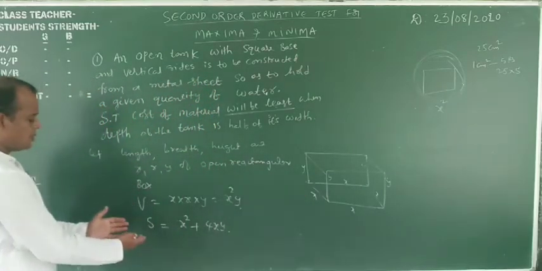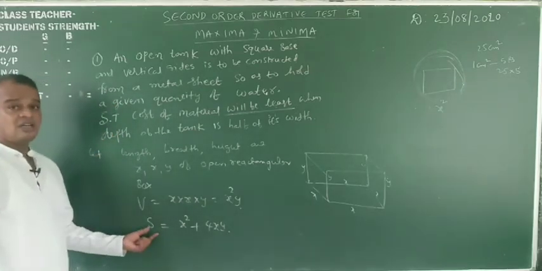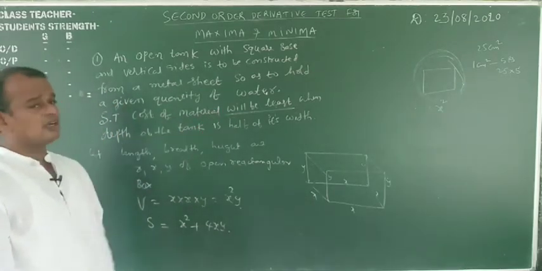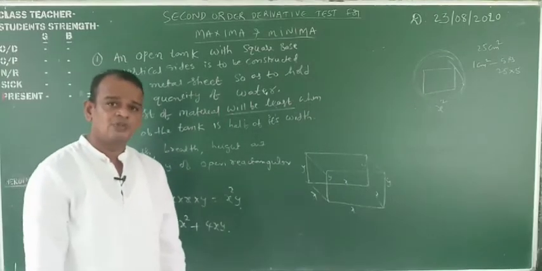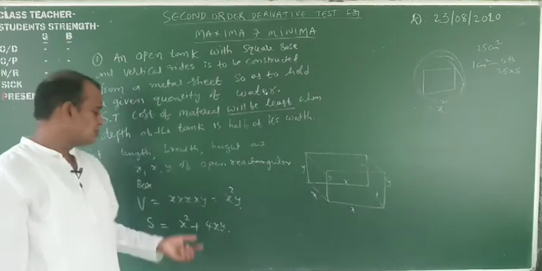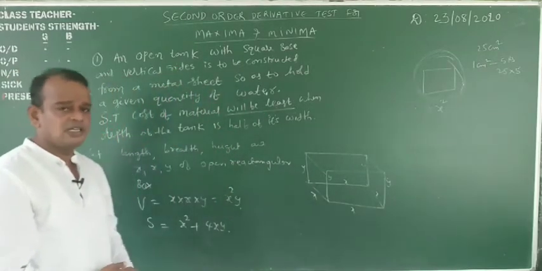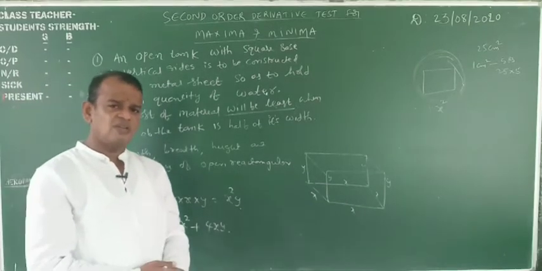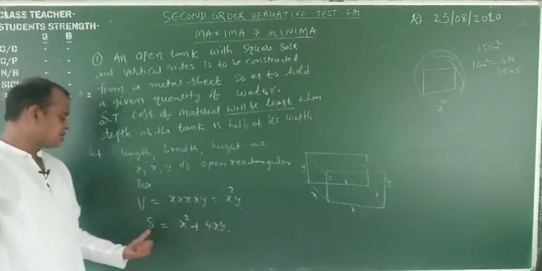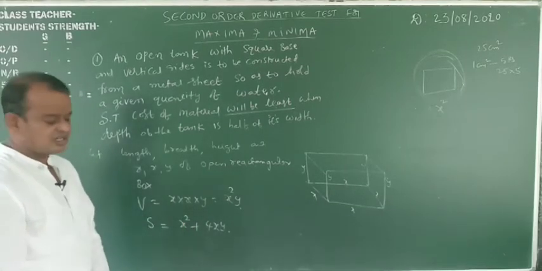If we find the values of x and y, x the length and y the height, we will easily find the cost. Substitute those x, y in S, and we will get the cost in rupees.